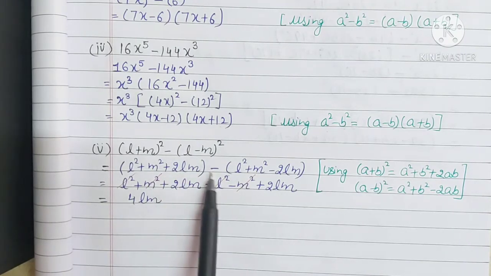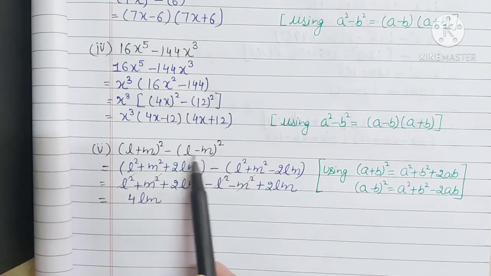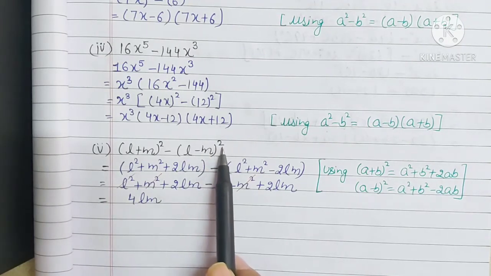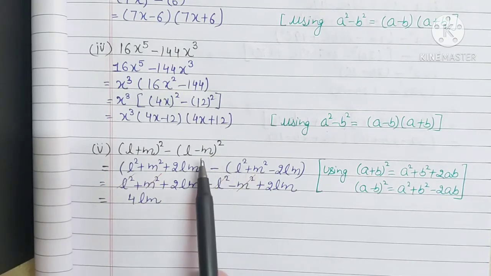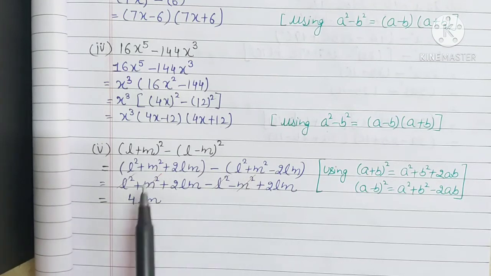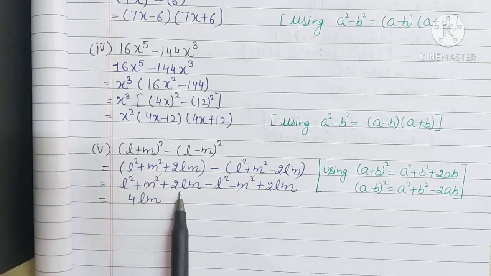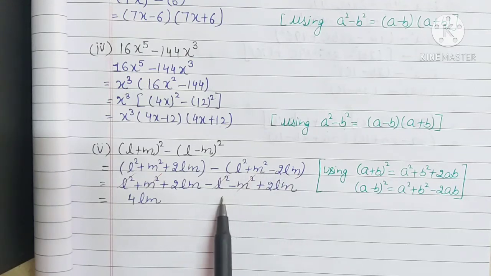Minus symbol we will write, and the next term we will write in bracket only, and here we will apply the identity (L minus M) whole square. That will be L square plus M square minus 2LM. Now we will open the brackets. These terms we can write as it is, but when we open this bracket, the sign of each term will be changed.